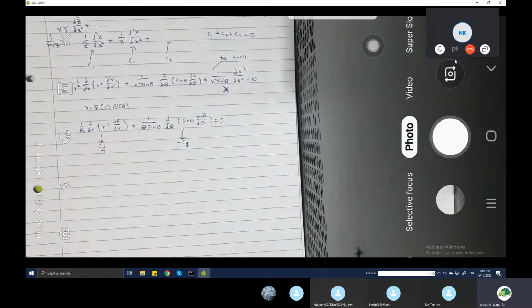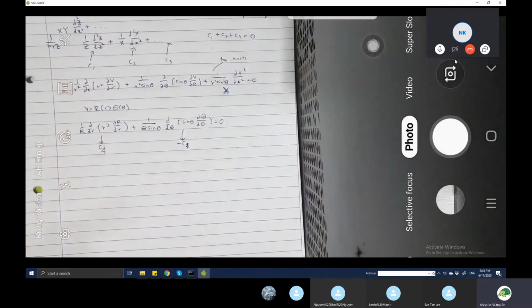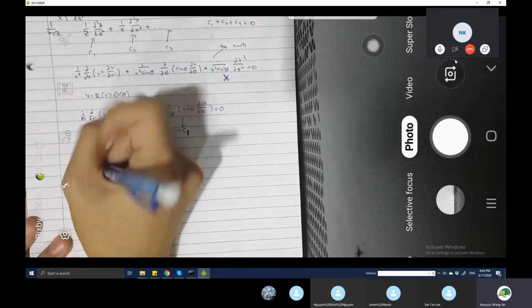Okay, and the first equation, once you expand it out, you'll get something that looks like this. Okay, so actually, let me just copy it over. So your radial equation is going to look like this.